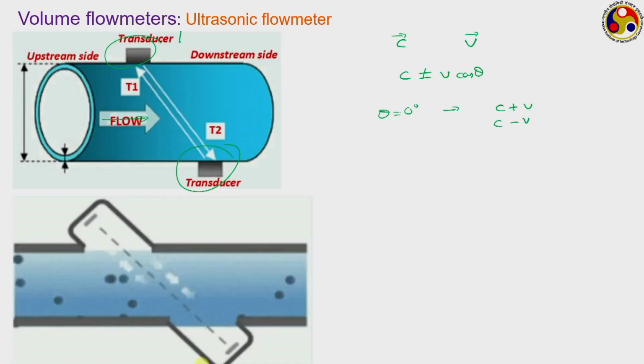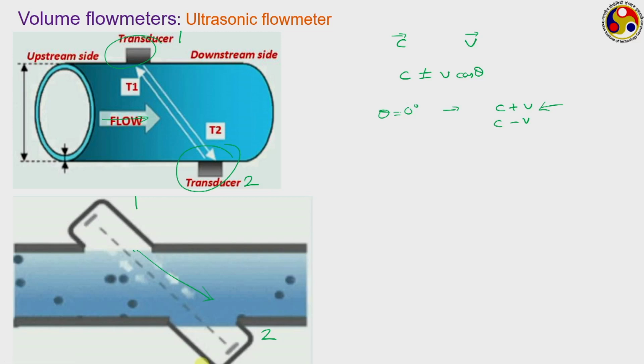Let us say this is transducer 1 and this is transducer 2. The one moving from transducer 1 to transducer 2 is moving in the direction of the flow, so its effective velocity will be c plus v, and the time taken to reach from transducer 1 to transducer 2 will be lesser.